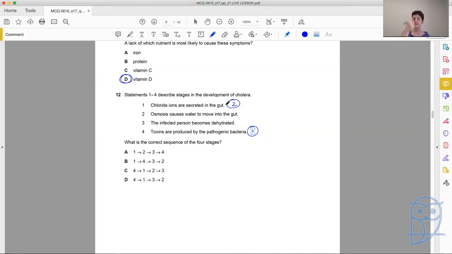And that changes then the water potential, and then water moves by osmosis. And it's that loss of water that causes the dehydration. So we should be going 4, 1, 2, 3. So our answer is A is out, B is out, C matches the order that we've got.